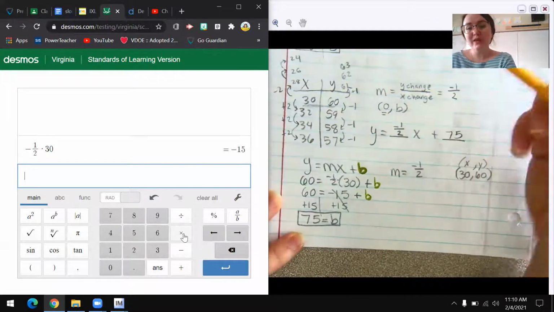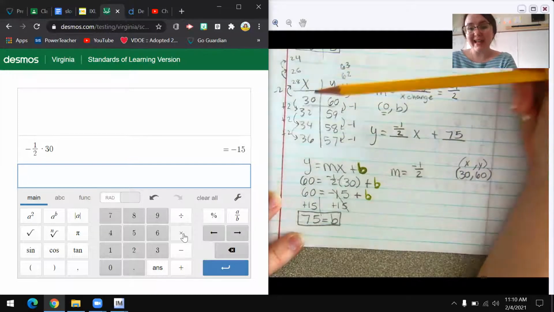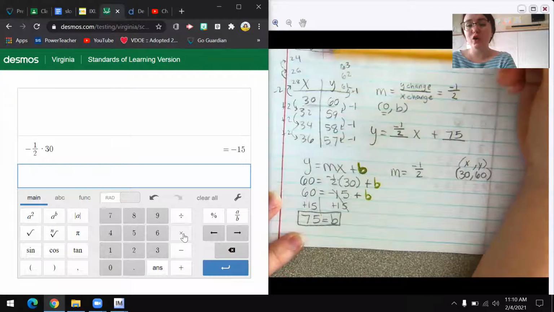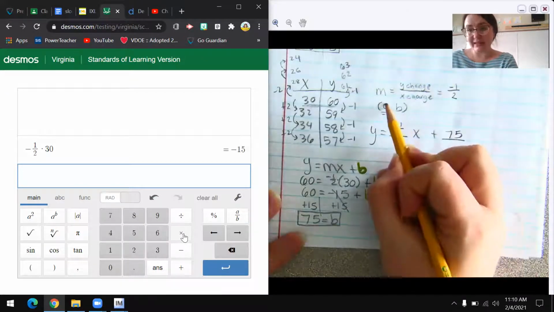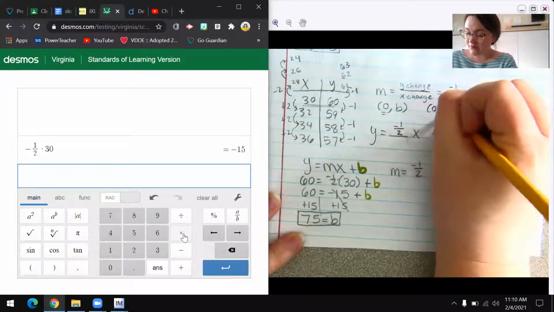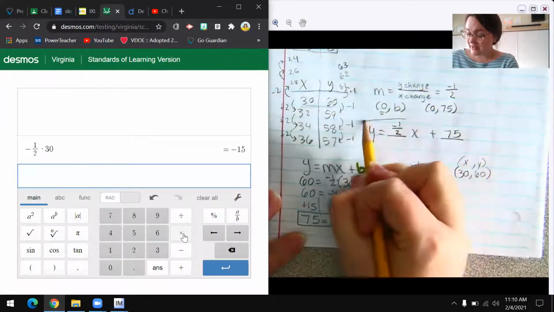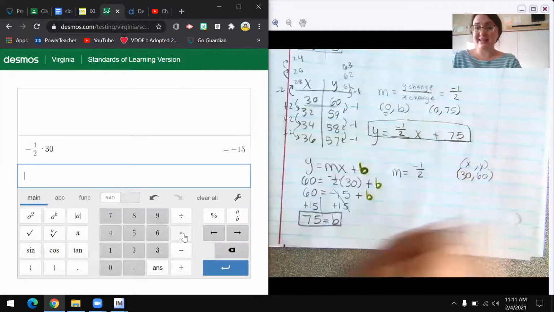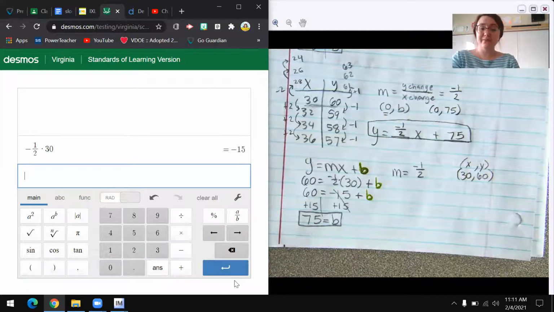Okay, so if you were to use your slope pattern and count this back over and over until you saw a 0 in the x, that would be the ordered pair 0, 75. So this here is the function rule that represents that table. Okay, I hope that that makes sense. I hope that that is helpful.